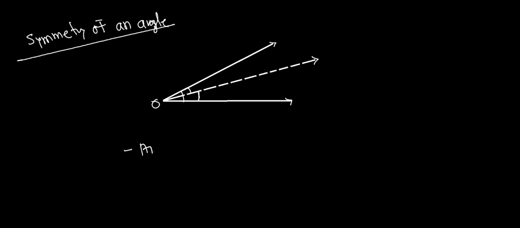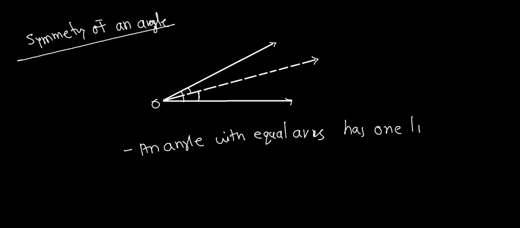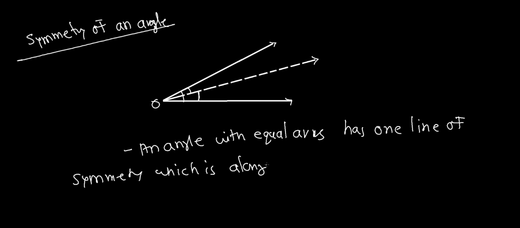So we can say an angle with equal arms has one line of symmetry, which is along the internal bisector of the angle.